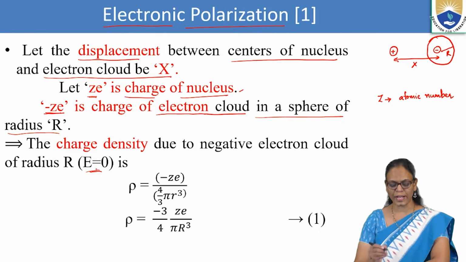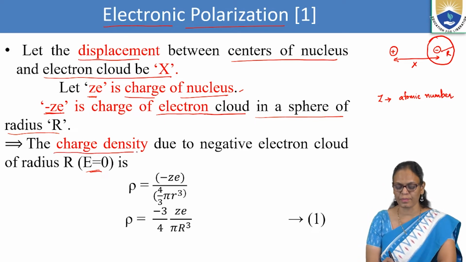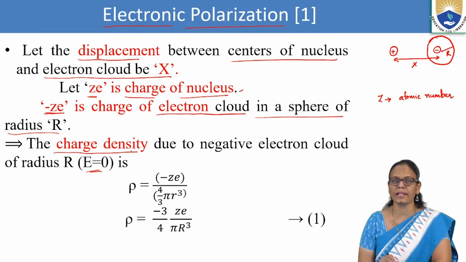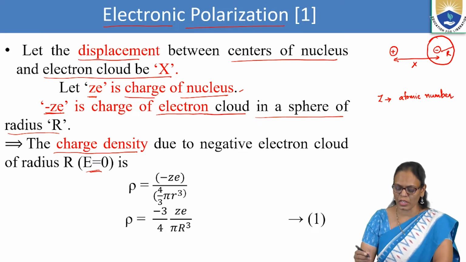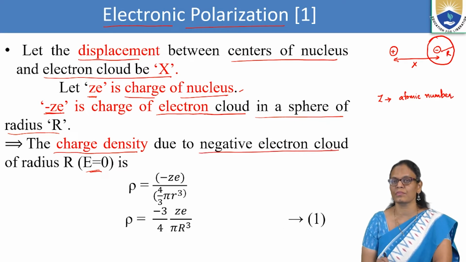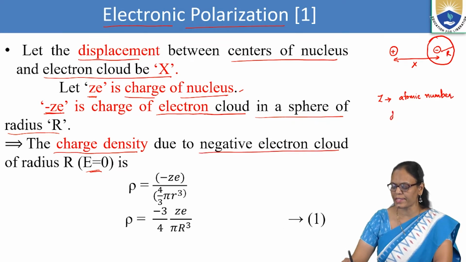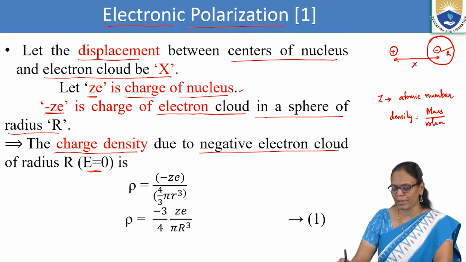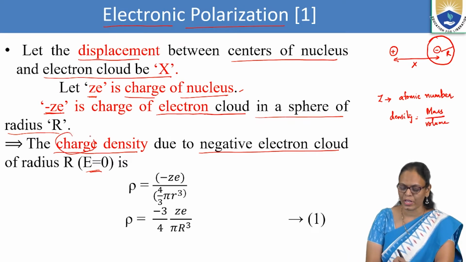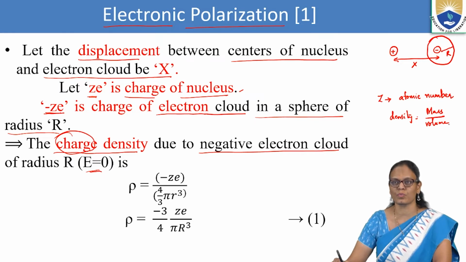Now we are going to write the expression for charge density. What is charge density? It is the charge per unit volume, here the charge density of the negative electron cloud. Whenever we say density, density is mass per unit volume, so whenever we talk about charge density, it is the charge per unit volume.